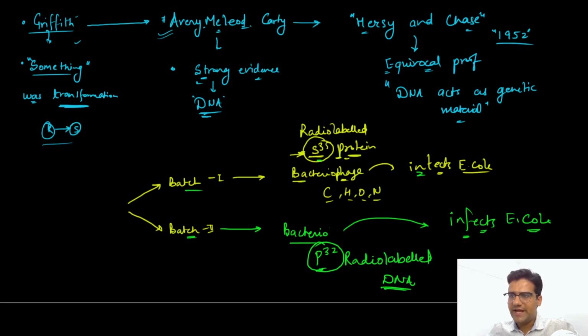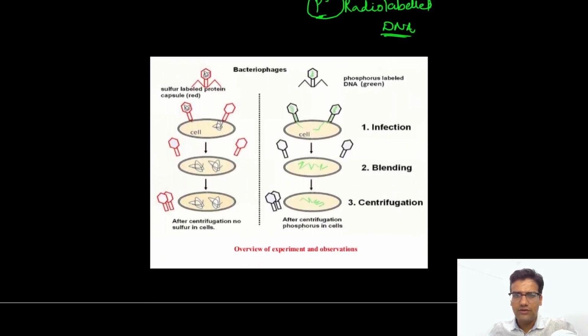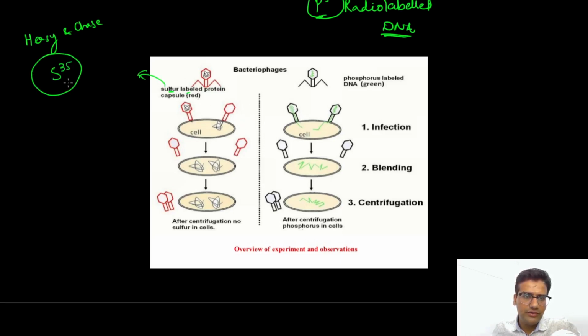Let's start with the experimental part now. This is the simple representation of the Hershey and Chase experiment. We have the sulfur in protein radio-labeled with S35.